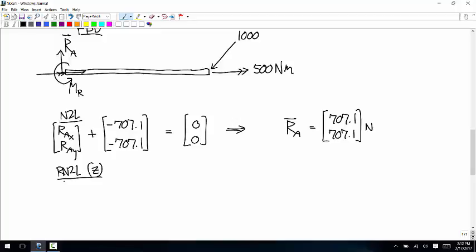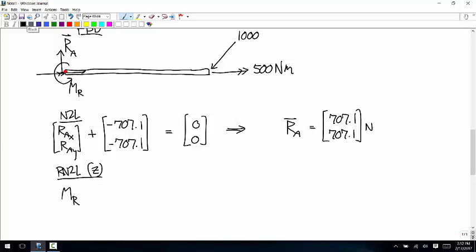And the moments we have, M_R, and then the 707.1 component of that 1,000 Newton force is going to produce a moment about the z-axis. I guess we have to choose an about point. Let's choose it right here.